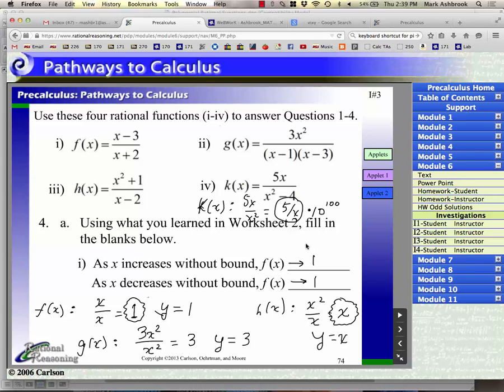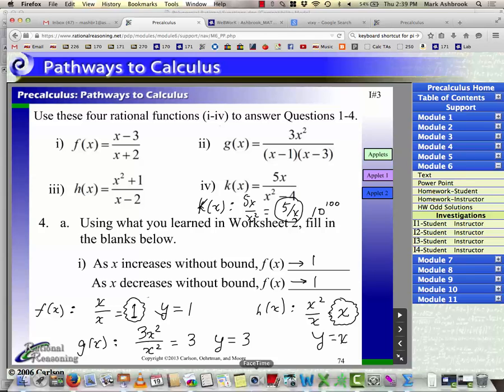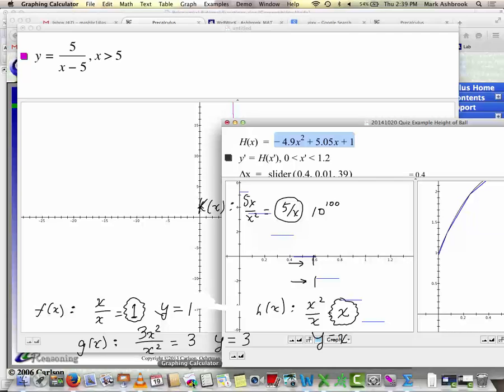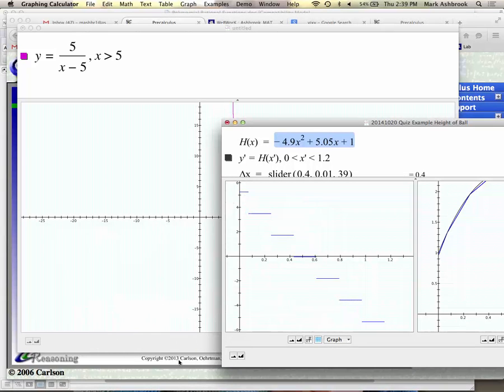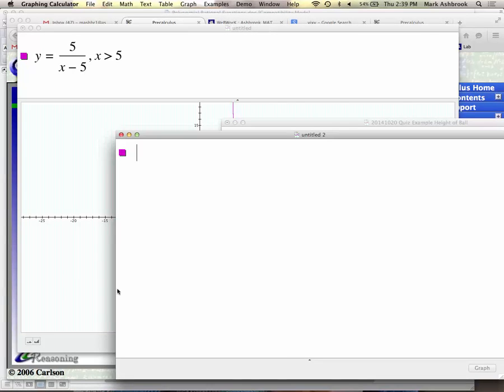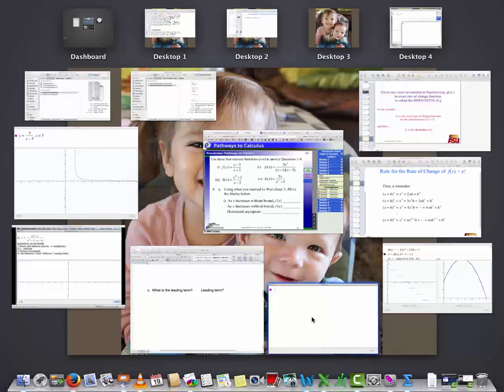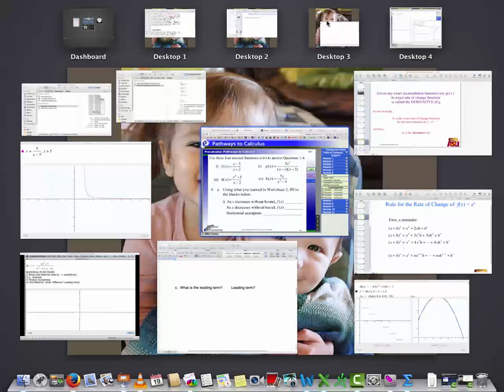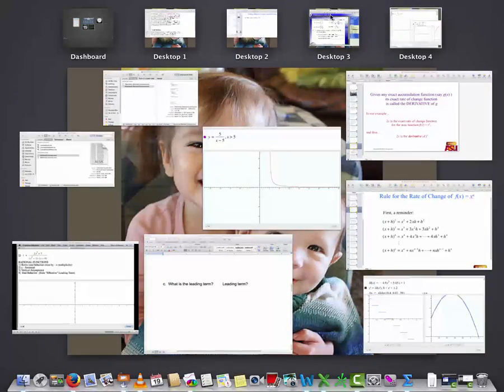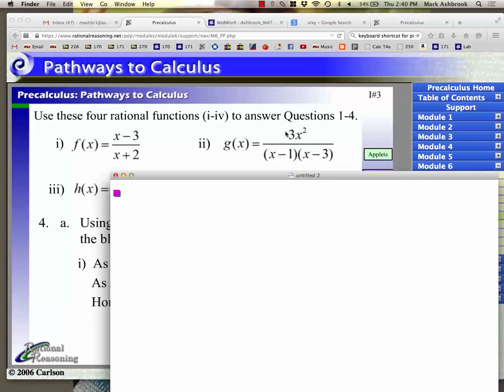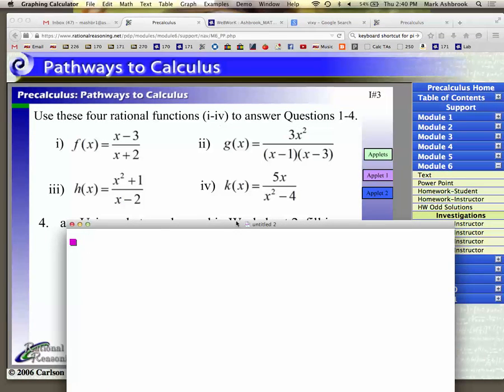Okay, so let's see this in action. Let's do h of x. X squared plus 1 divided by x minus 2.